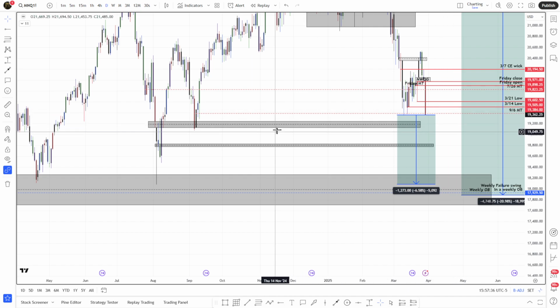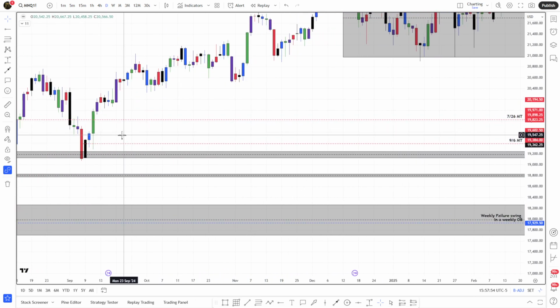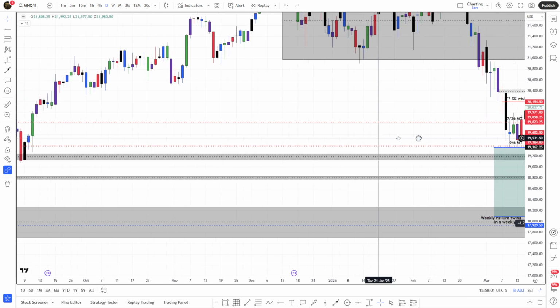Tuesday, I'd like to see a run into the fair value gap, and it might not. This could be another breakaway gap, but I'd like to see maybe an institutional order flow and come back somewhere maybe in the CE of this wick, depending on where the high of Monday gets set, and then continue lower.